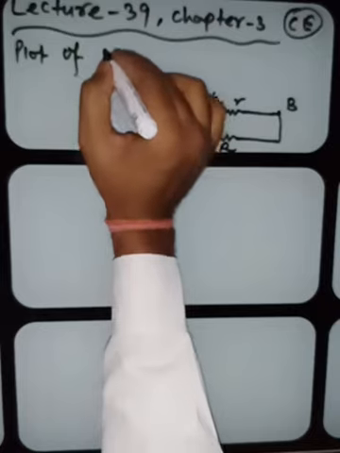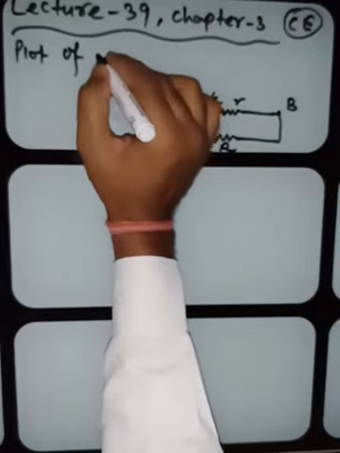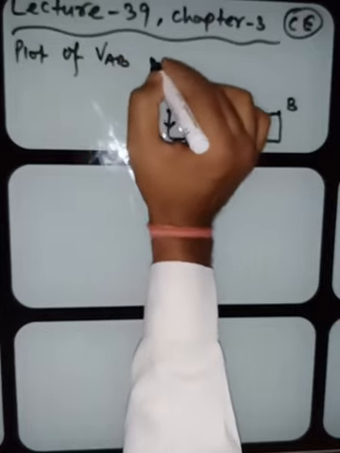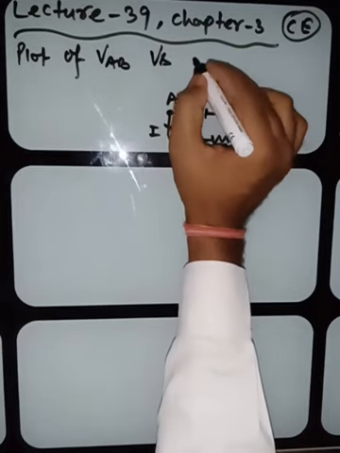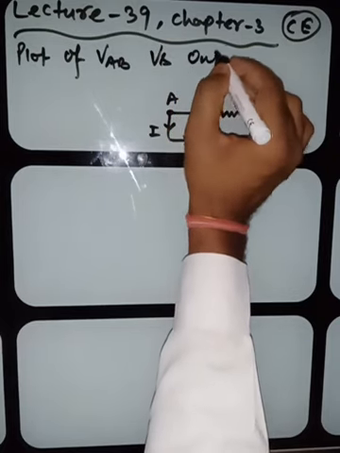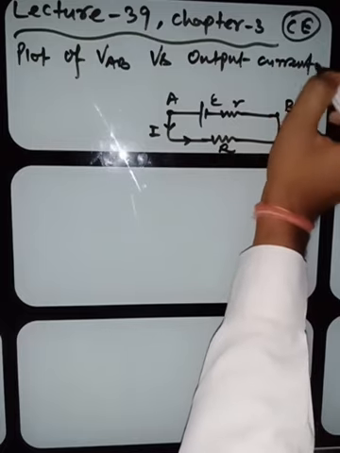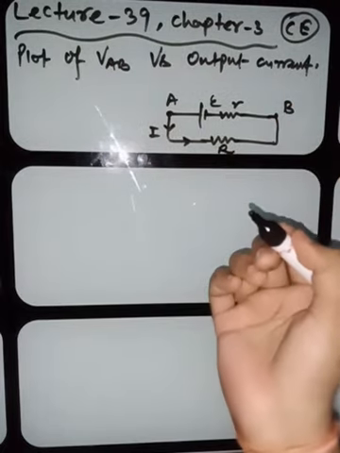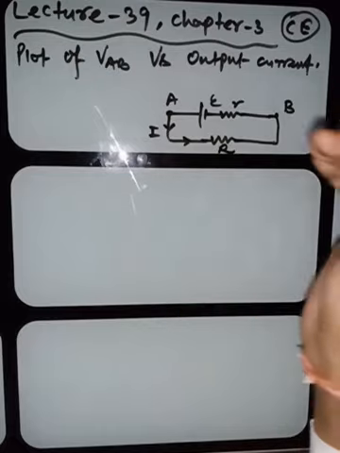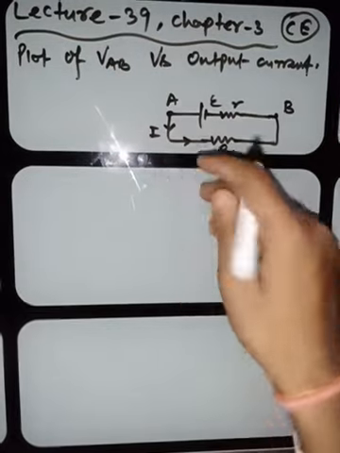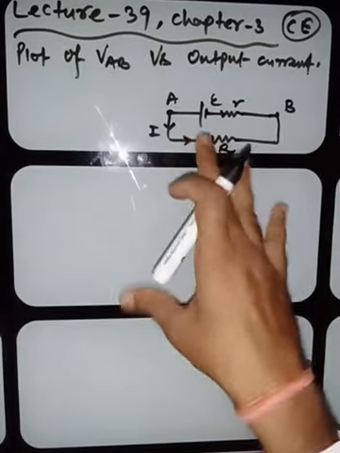The plot of terminal voltage, V_AB, versus output current by the circuit. What will be the nature of that output current? Could you write the equation, my dear student, for the current here?